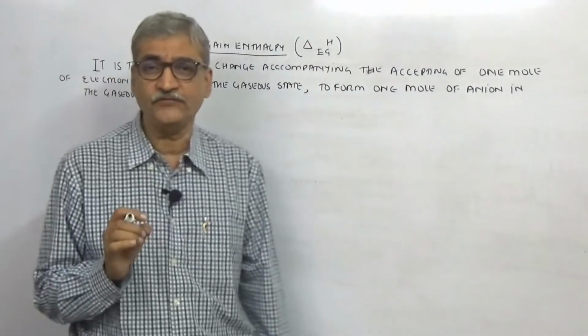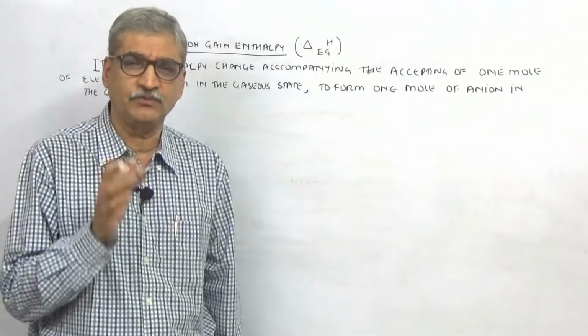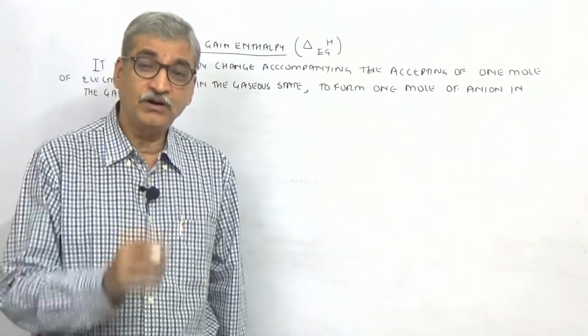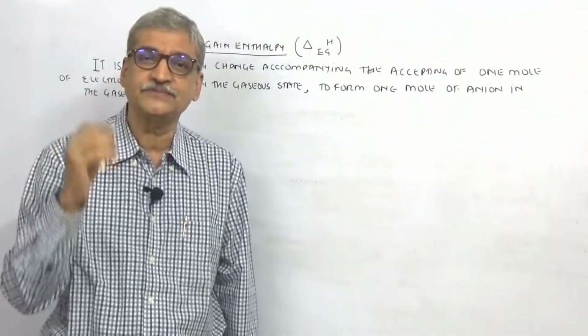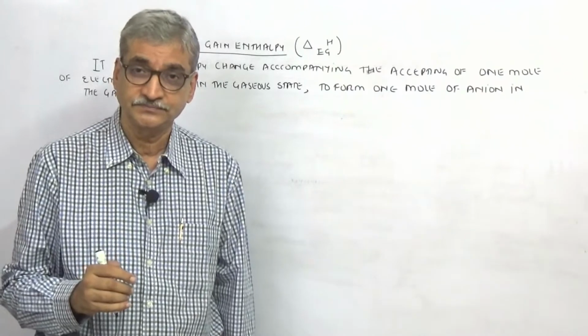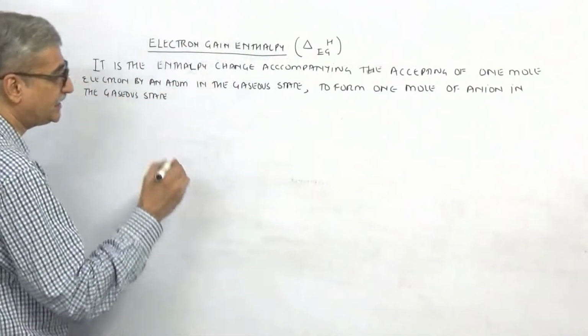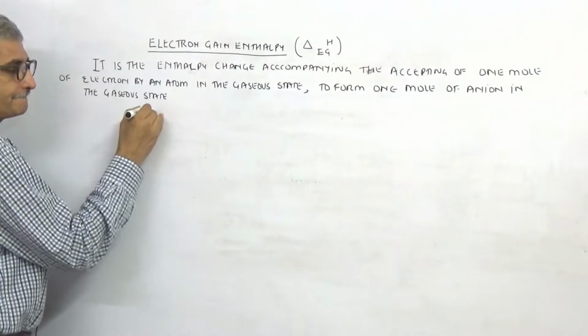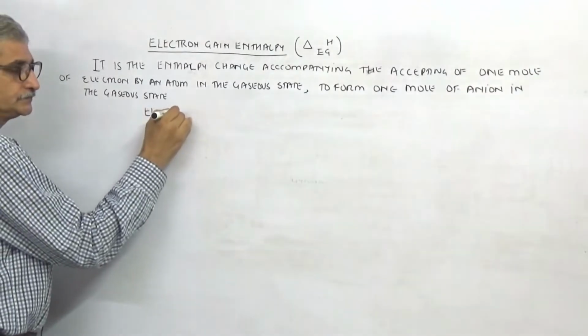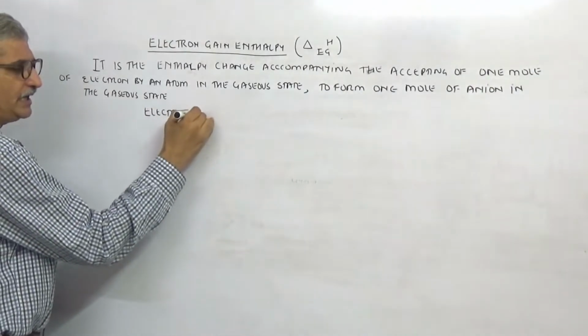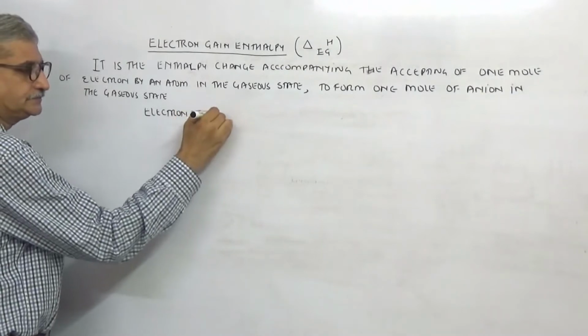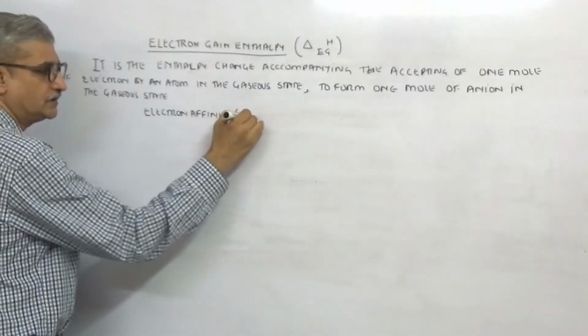1 mole of gaseous atom accepted 1 mole of electron. What happens if one gaseous atom accepts 1 electron? It is clear. That will be called electron affinity, EA.